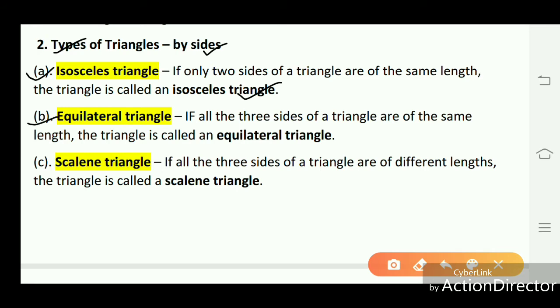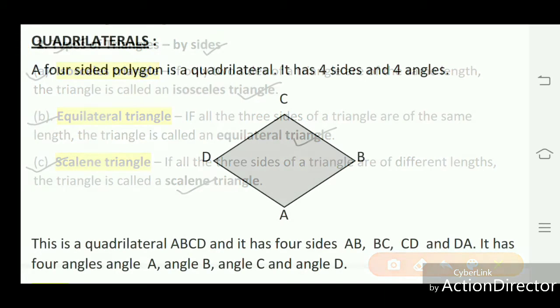Type B, equilateral triangle: if all three sides of a triangle are of the same length, the triangle is called an equilateral triangle. Type C, scalene triangle: if all three sides of a triangle are of different lengths, the triangle is called a scalene triangle.